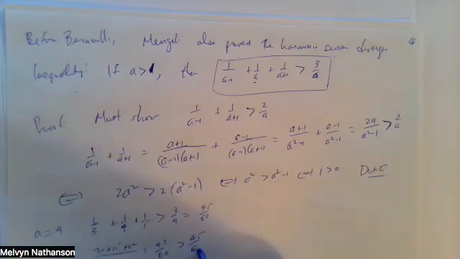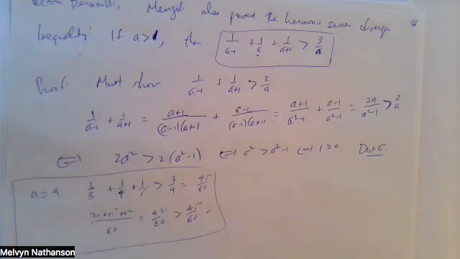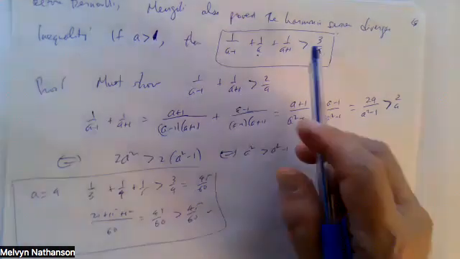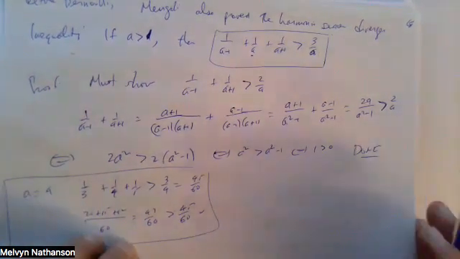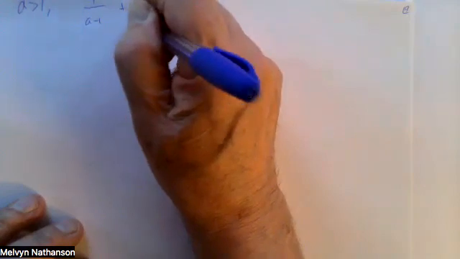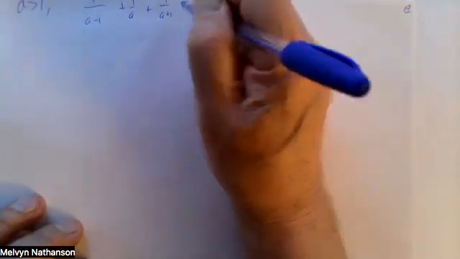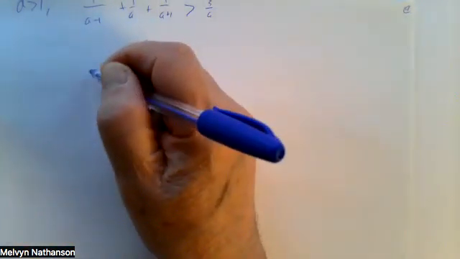This is bigger than 45 over 60. So this is just an instance of this inequality. Let me write it down again. For all a bigger than 1, 1 over a minus 1 plus 1 over a plus 1 over a plus 1 is bigger than 3 over a.